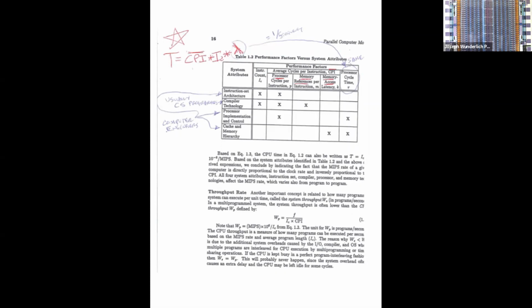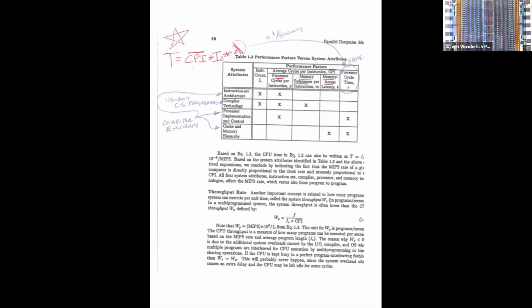This chart we may have looked at before in advanced computer engineering, but it's good to look at it again here with performance. So these are the contributing things that affect different parts of this equation. The architecture, right, that those computer engineers control, and we did this inside IBM, that's instruction set architecture. The processor implementation and control for a given architecture. There are different ways to implement the same architecture. Certainly the cache and memory hierarchy and how that all works.